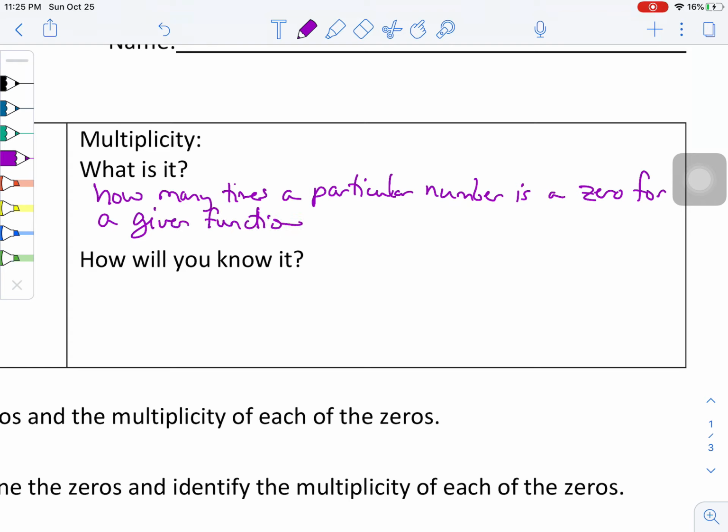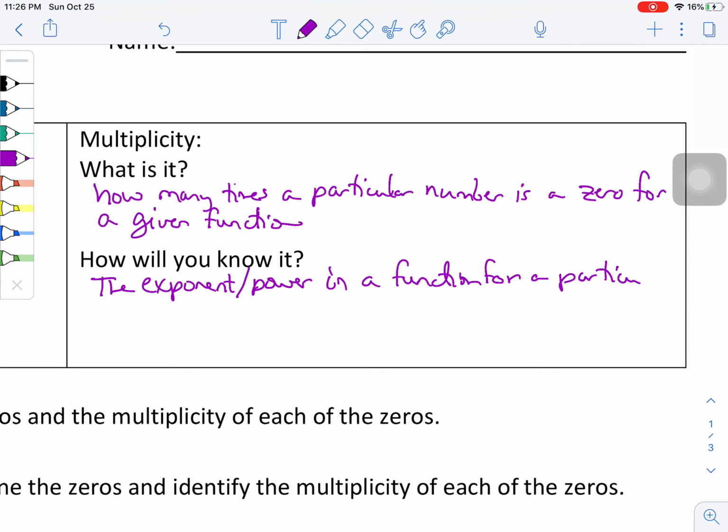Now, how are you going to know? This is going to come from the exponent, or power, in a function for a particular factor.